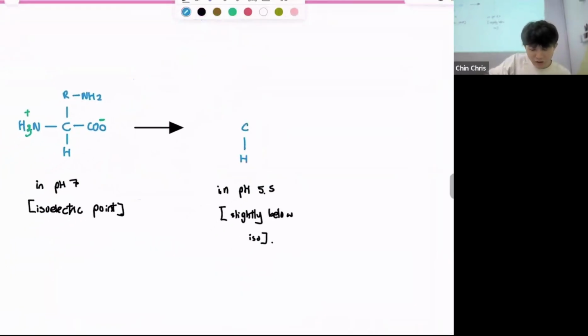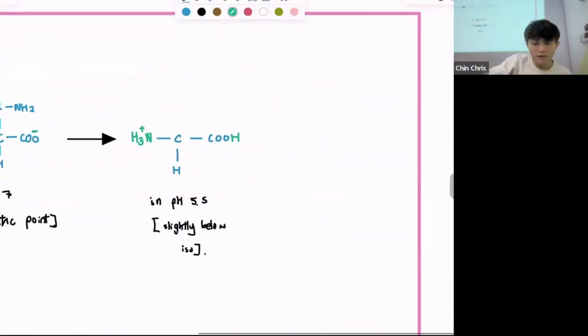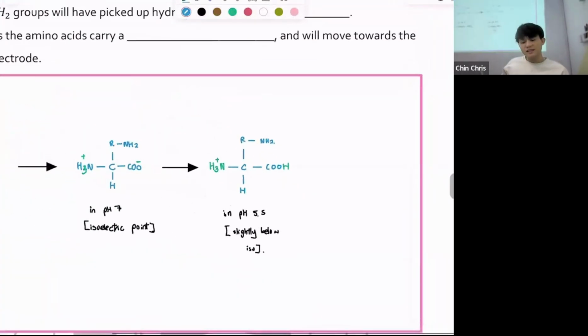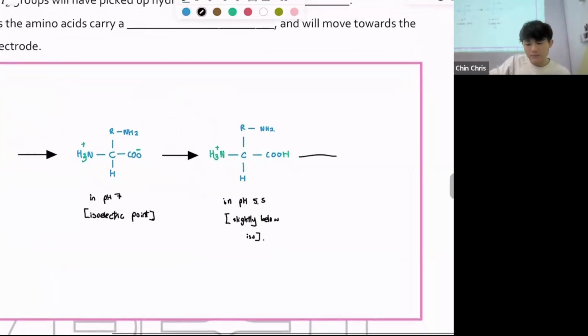Alright, this will still remain as NH3 plus, but this time the COO minus is gonna turn into what? COOH now. Understand? Then the top part is still the same. So this is when it's slightly below your ISO. Guys, let's say if it's way below your ISO, maybe in pH 1, what happens?